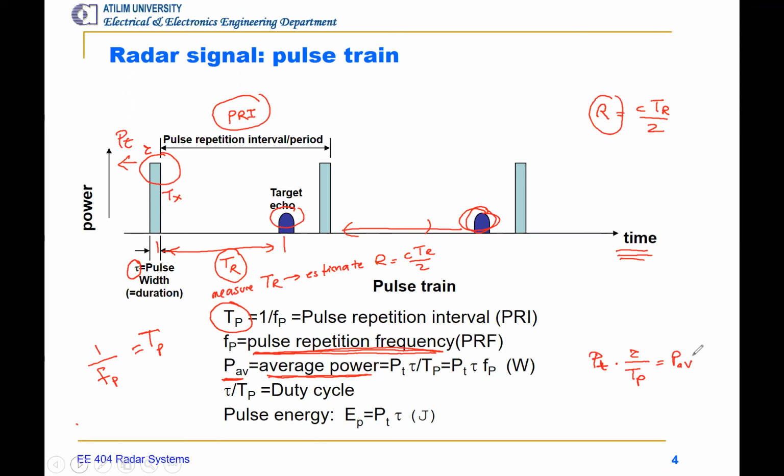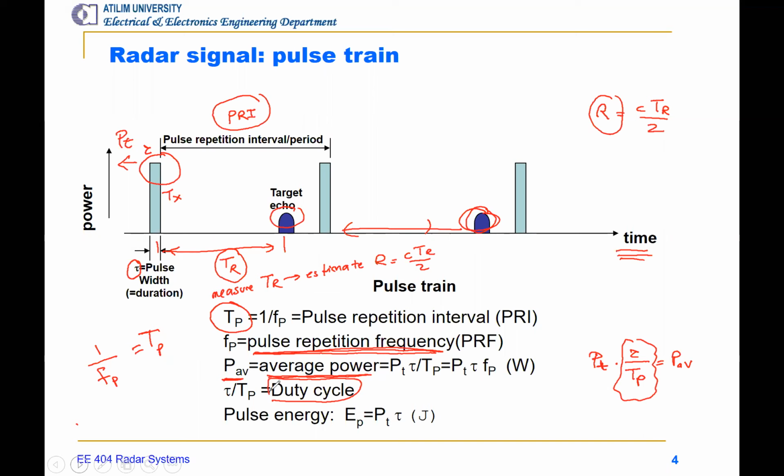So the smaller the pulse duration, for any TP, the lower the average power. And this ratio, tau over TP, the pulse duration divided by pulse repetition interval, is called duty cycle.